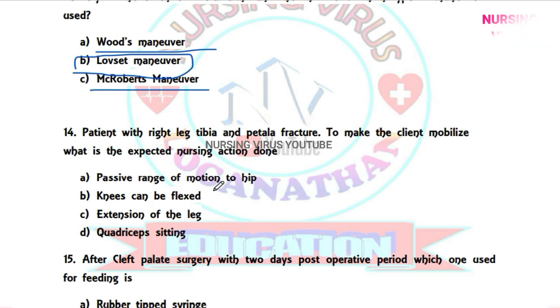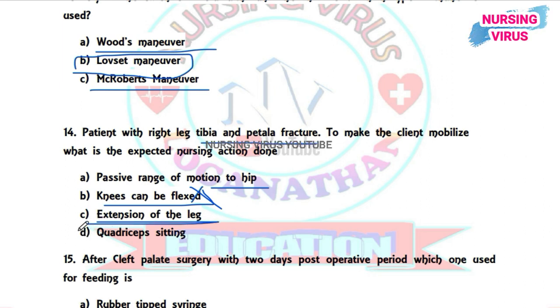The passive range of motion exercise to the hip will not be done, and knees can be flexed is not permitted in case of tibia and patella fracture, and the extension of the leg also we won't do. So the best remedy is to make the patient do quadriceps setting. We can roll a sheet and place it under the knees.